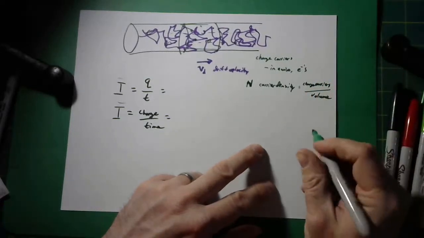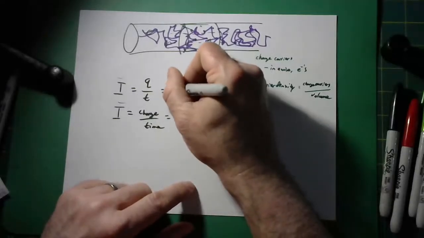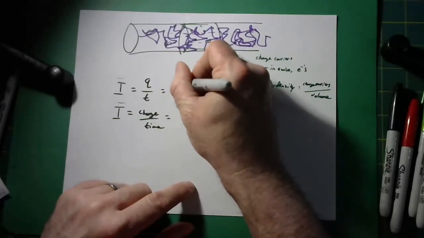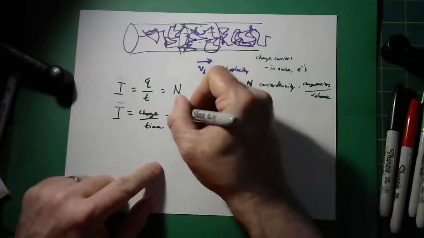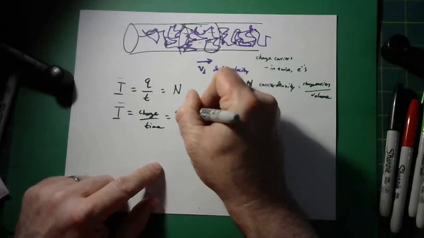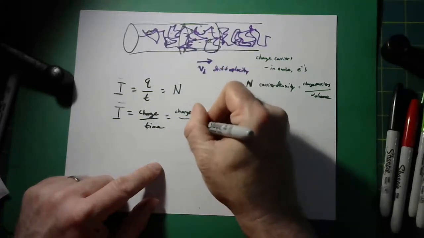It's a good thing you can hear me because no one can read that. So I'm going to start with that. I want to say, hey, my current, I want to use this. That's a step along the way to getting to charge per time, is to have charge carriers per volume.